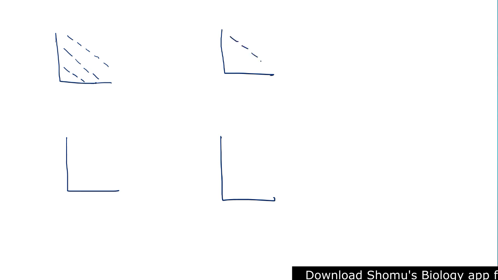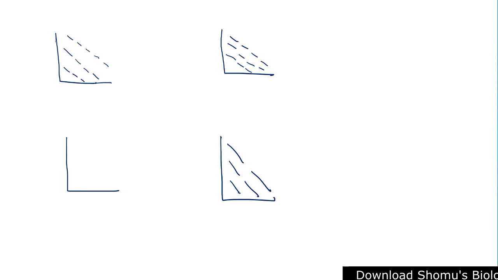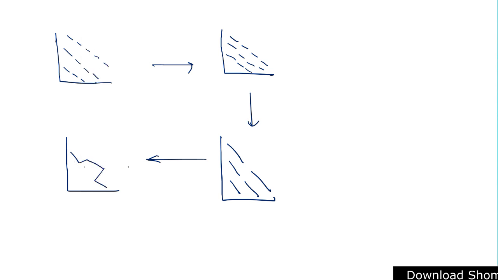Then we join the segments using gaps. Let's say after joining the segments we get something like this. And finally, find the optimal alignment, and let's assume it ends up like this.